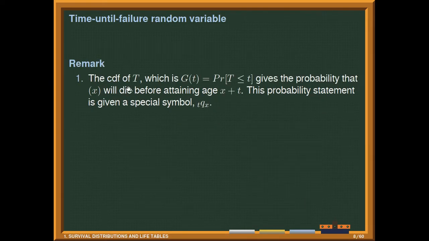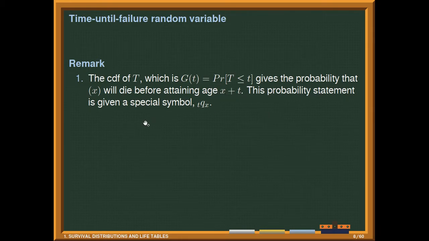So the CDF of t, which we will denote by capital G of t, gives us the probability that the random variable capital T is less than or equal to small t. So this gives us the probability that a person age x will die on or before attaining age x plus t.